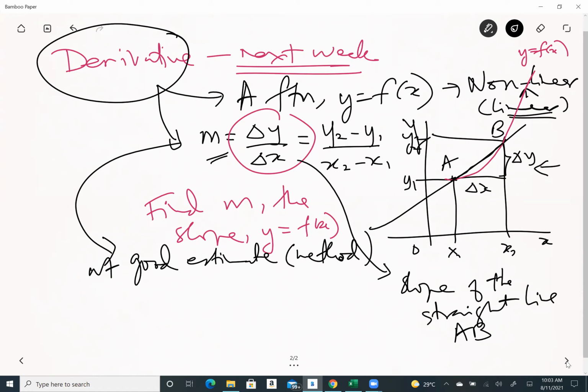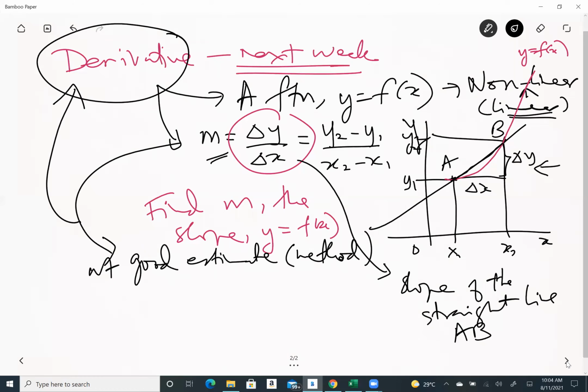So that's where the derivative comes in. A better estimate, which is also related to m equals delta y over delta x, is the concept of derivative. So we're going to make use of derivative. Now, what is the derivative?